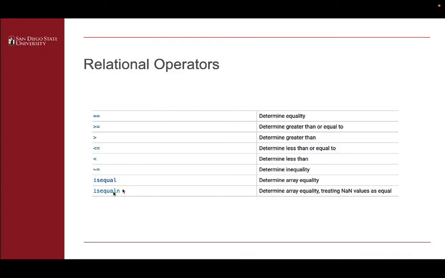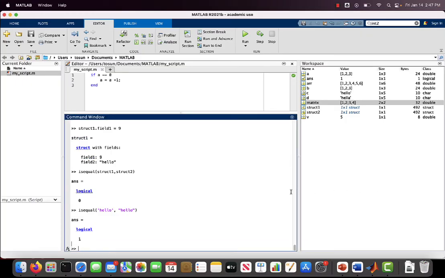And in here we have one more function, isequaln, and its description says determine array equality but treating NaN values as equal. What does it mean?